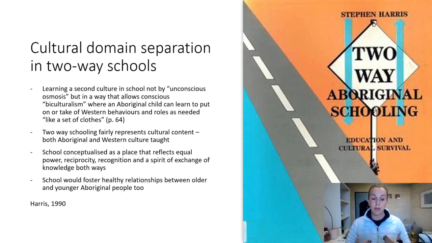And in this way, the school could serve to foster healthy relationships between older and younger people. So this is titled as Domain Separation of the Two Cultures, so Western culture and Aboriginal and Torres Strait Islander culture, so that the two can be simultaneously existing in schools.